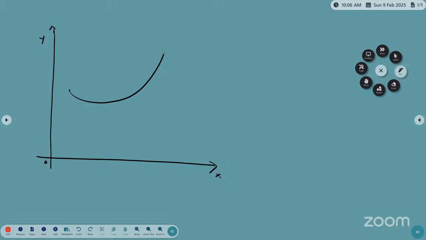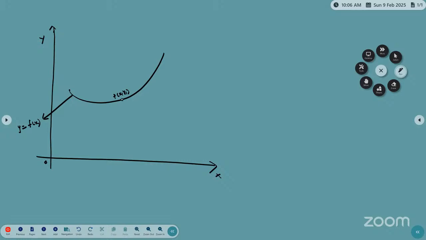This is the curve. Y equal to f of x. I have entered into the most important concept and essay question in your syllabus. Let P(x1, y1) be any point on the curve.